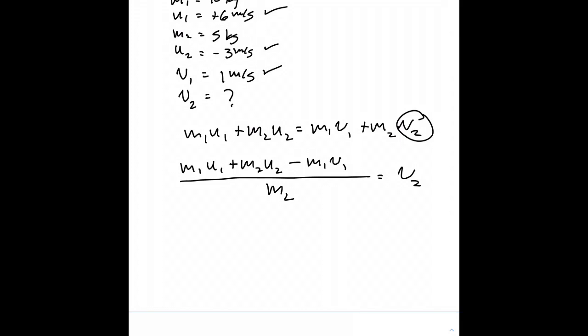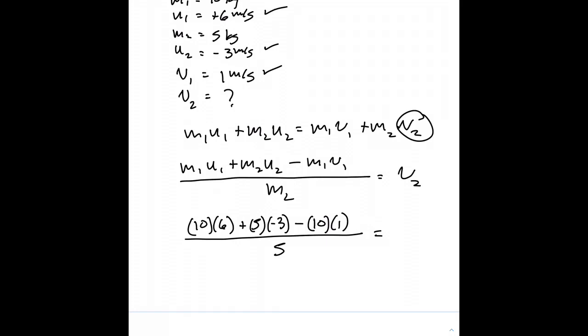If we plug in the numbers, we get 10 times 6 plus 5 times -3 minus 10 times 1, all divided by 5. Grab your calculators, hit pause, and resume playing after you've figured out the final answer.